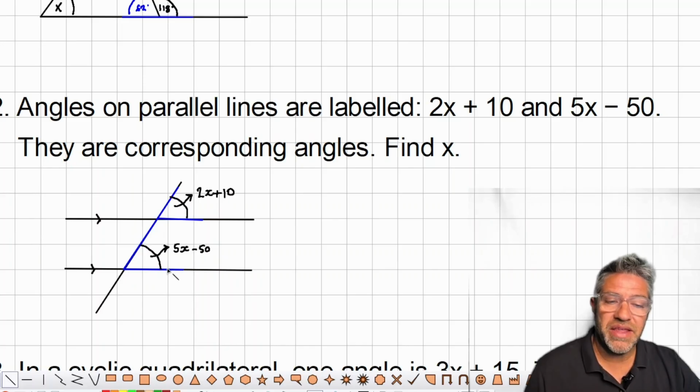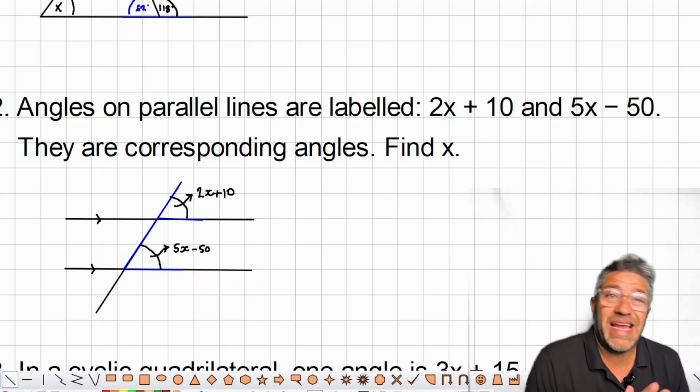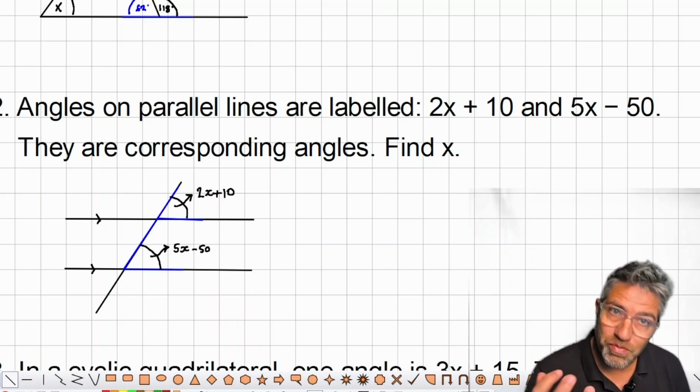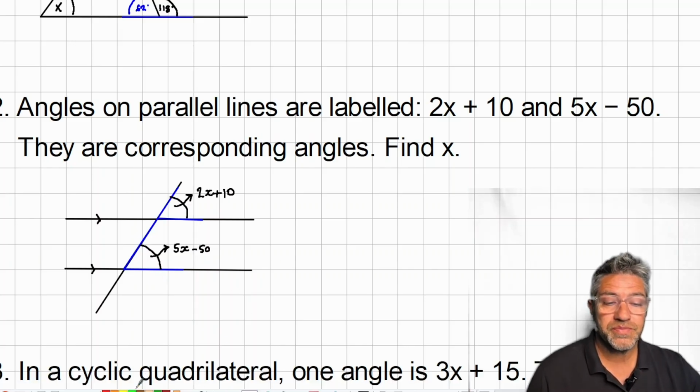And if you can see here, these blue lines create an upside down F. It doesn't have to look like a traditional letter F in the alphabet. They can be at any orientation. And here you can see we've got an upside down, slightly on an angle, F angle, or properly named corresponding angles. And corresponding angles are equal.